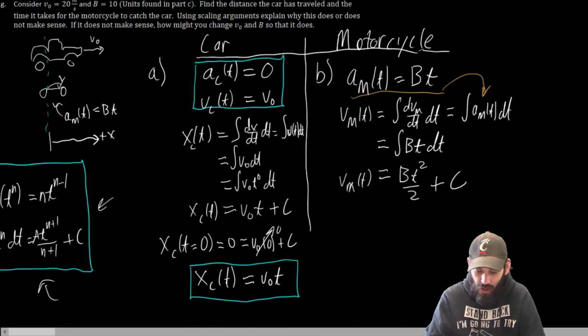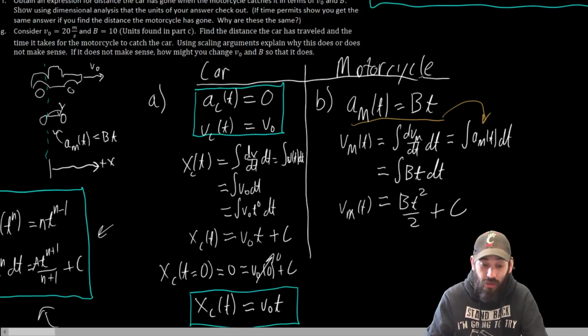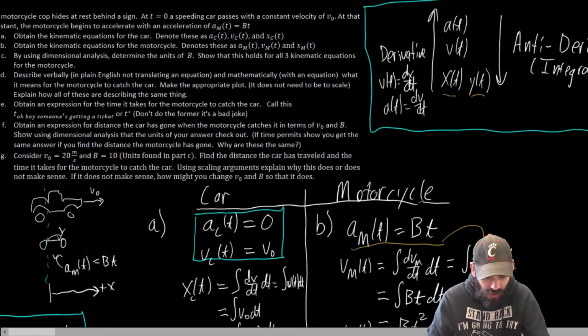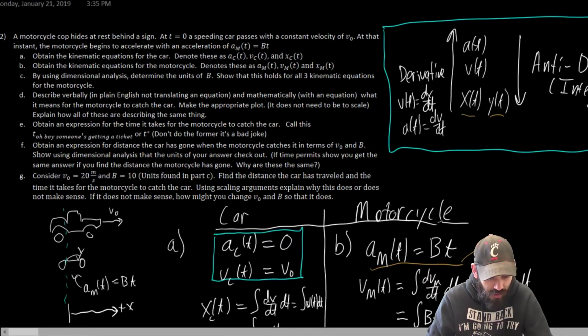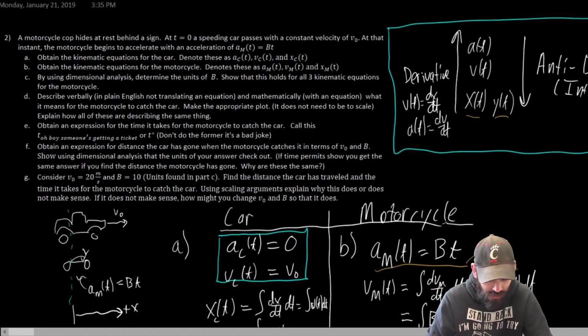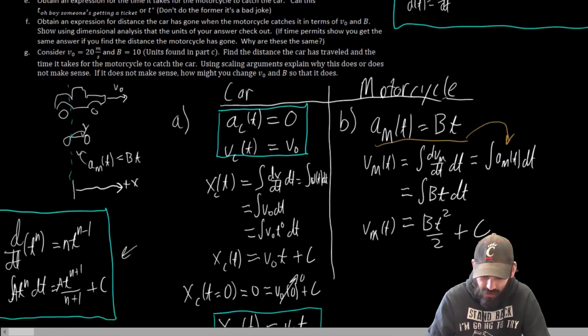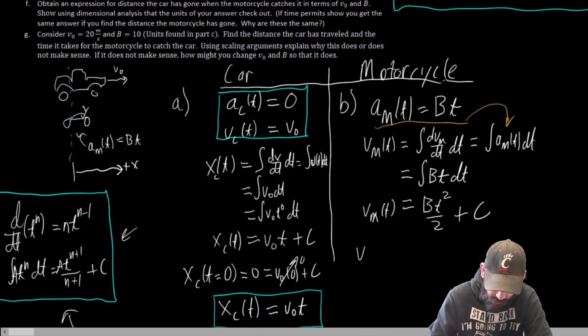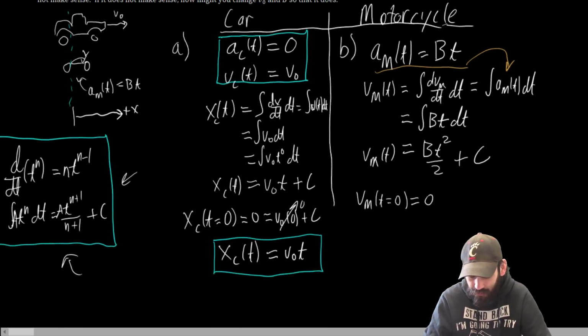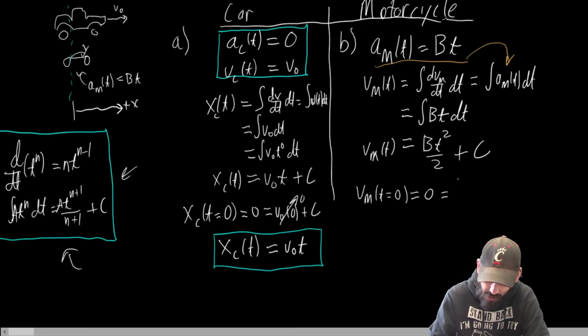Now, as always, we need to evaluate what this constant of integration is. We know that the motorcycle begins at rest, so the velocity of the motorcycle at time t equals 0 is equal to 0. This is going to be equal to bt squared over 2 plus our constant of integration.